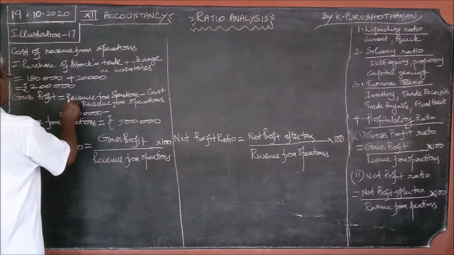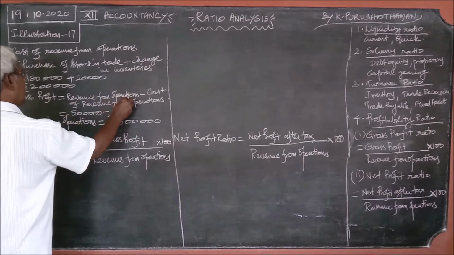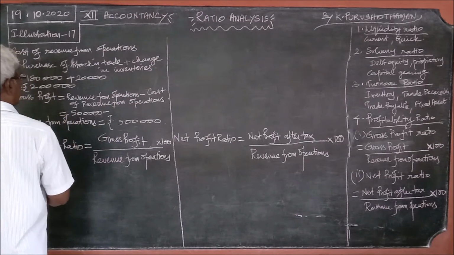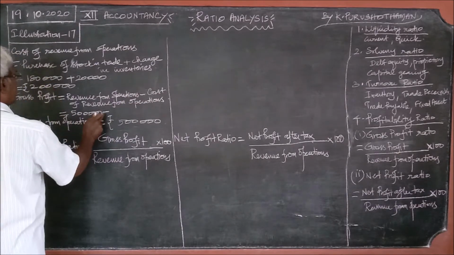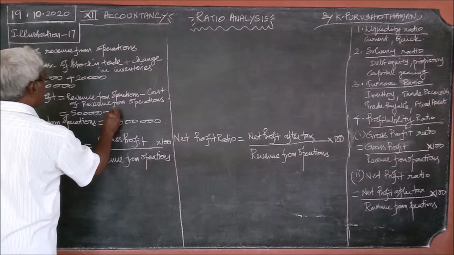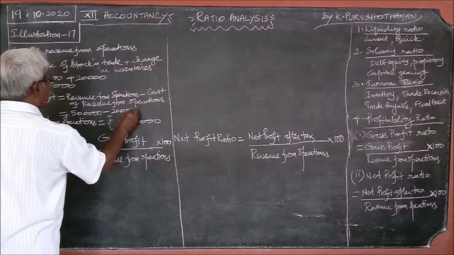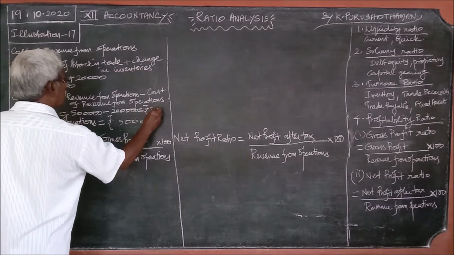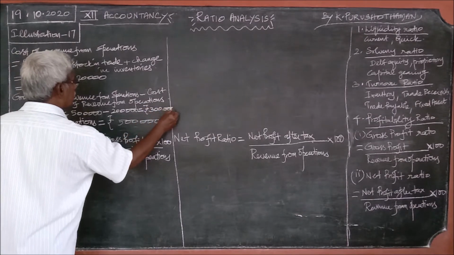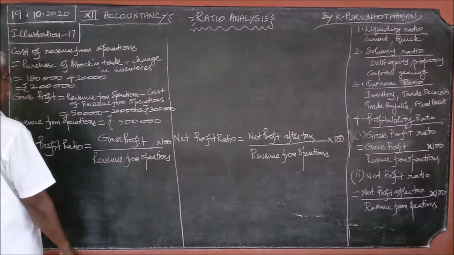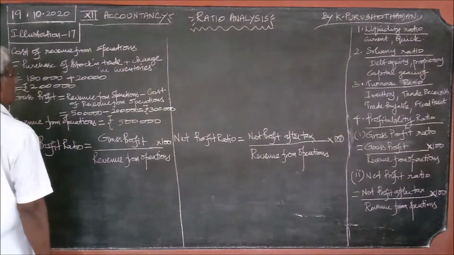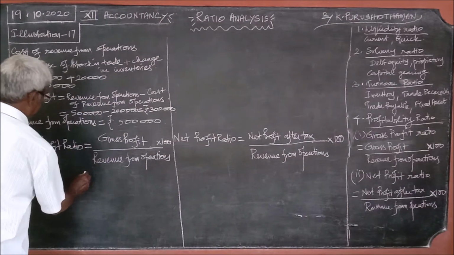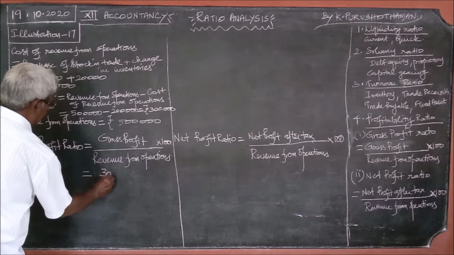Now, gross profit is equal to revenue from operations minus cost of revenue from operations. Therefore, 5 lakhs minus cost 2 lakhs. If you minus them, that is equal to 3 lakhs.